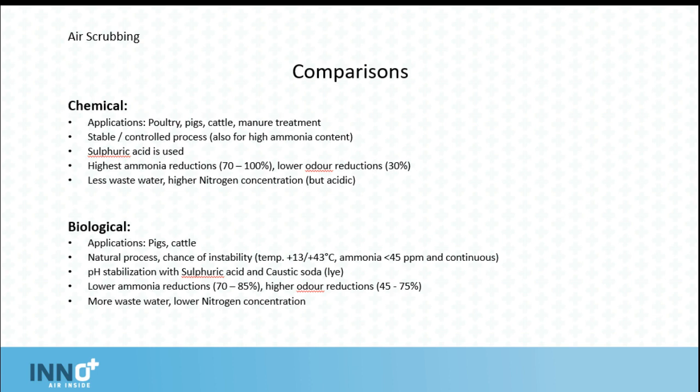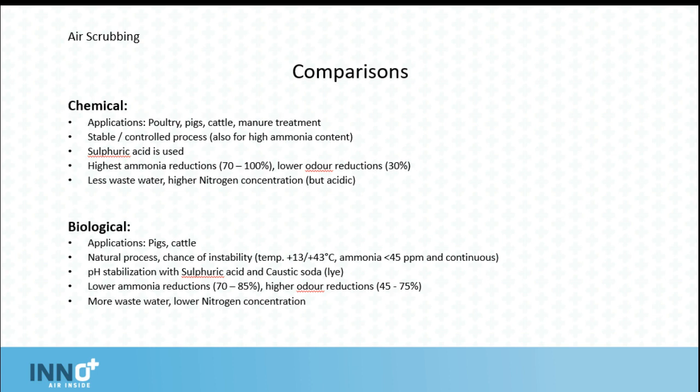And the thing with poultry is there are often periods with almost no ammonia and periods with higher ammonia, which makes the process unstable. The other thing with biological air scrubbers is that usually a slime, a protective layer for the bacteria, will form on the packing, and the dust from poultry houses will get into this slime and will clog the packing very rapidly.